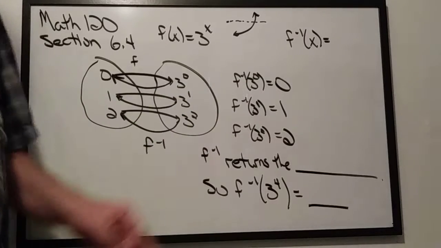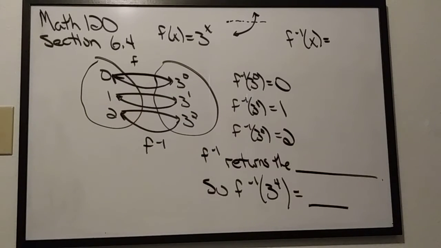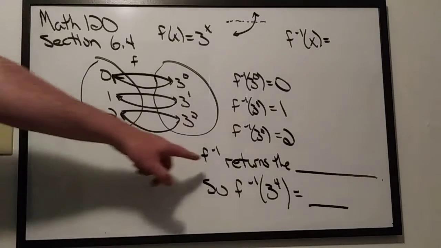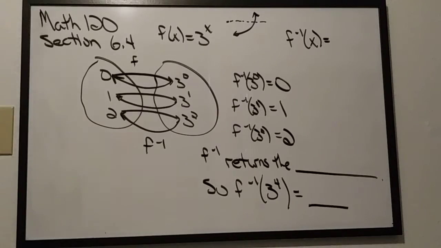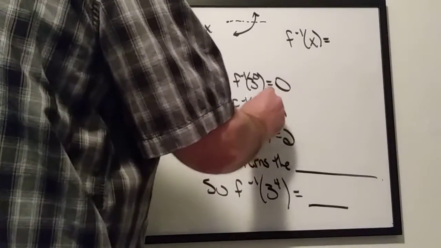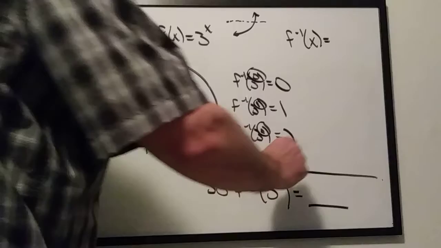So f inverse takes 3 to the 0 power, and it gives us back a 0. F inverse takes a 3 to the first power and gives us back a 1. F inverse takes a 3 to the second power and gives us back a 2. So this f inverse function always returns the exponent on our 3.